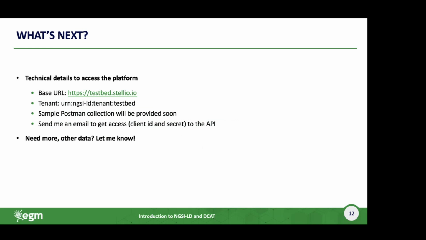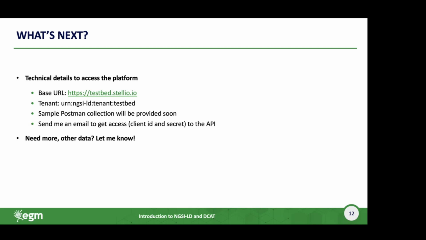So what's next? You will find here the base URL to access the context broker with a tenant. Don't bother too much with the tenant, we will provide this for you. We are working on a sample Postman collection.